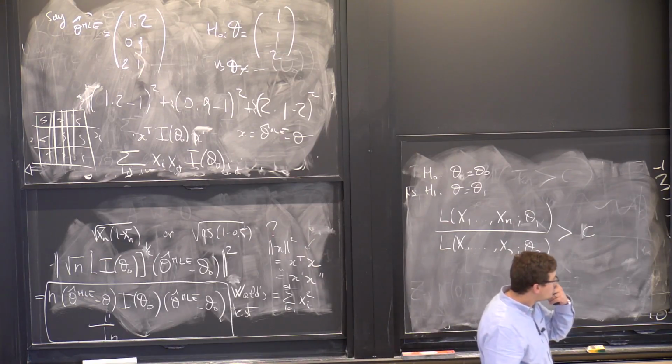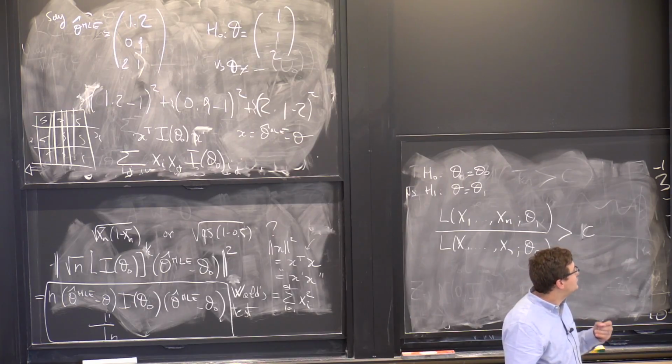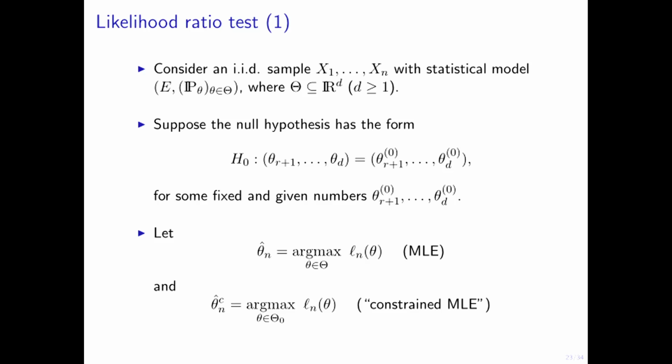Now, for simplicity, I'm going to assume that I still have a d-dimensional vector theta. And I'm going to assume that the null hypothesis is only testing whether the last coefficients, from r plus 1 to d, are fixed numbers.